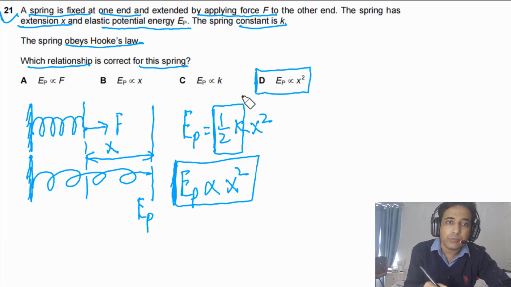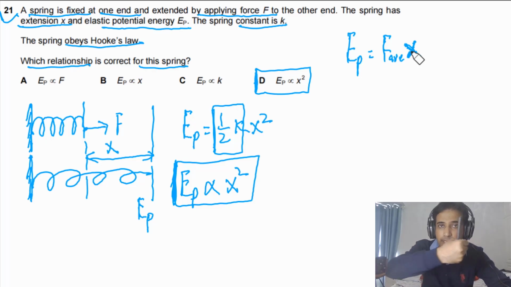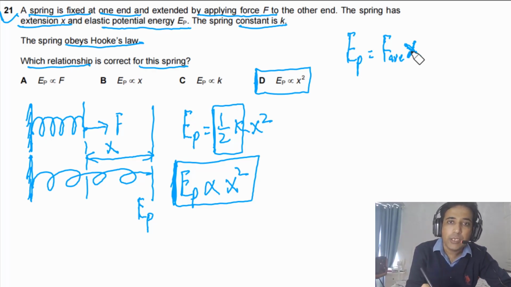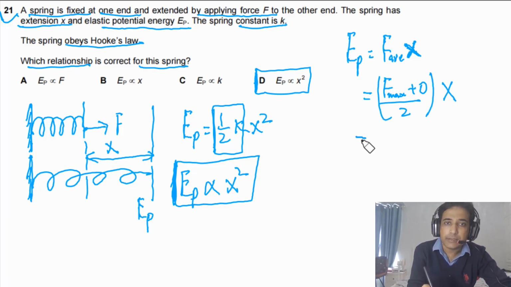Let me explain a little bit about how we derive this formula. EP is equal to the work done on the spring, and work done is equal to the average force times the distance traveled, which is X, meaning the spring is extended by this amount. Average force in this case will be equal to the maximum value of the force plus 0 divided by 2, multiplied by X, the extension.